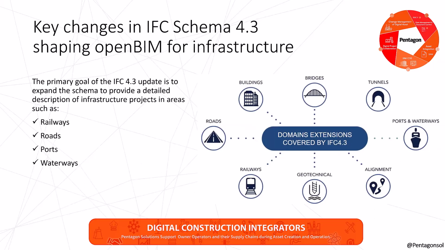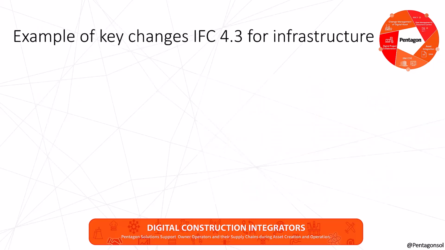The primary goal of IFC 4.3 is to expand the schema to provide a detailed description of infrastructure projects in areas such as railways, roads, ports, waterways, and to include common elements for these fields such as geotechnics and alignments. You can see the domain expansions covered by IFC in the diagram on screen now. But now I'll go through a few examples of these key changes.